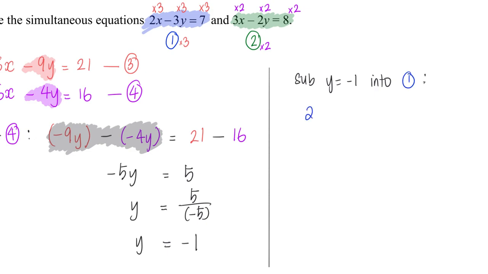So my equation 1 is 2x minus 3y equals to 7. And now that I know my y is negative 1, I'm going to substitute that in. That means I no longer write y anymore. I'm going to write it as negative 1. So I will have 2x negative 3 times negative 1. This will give me a positive 3.